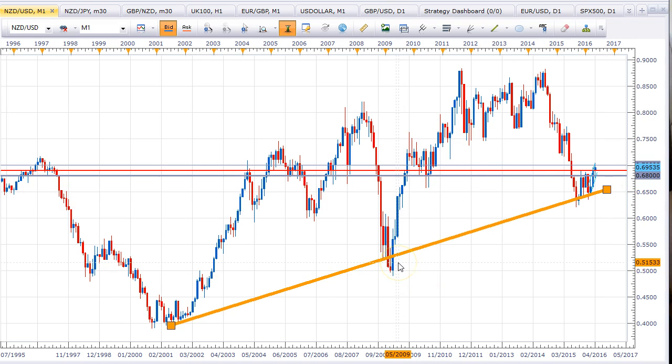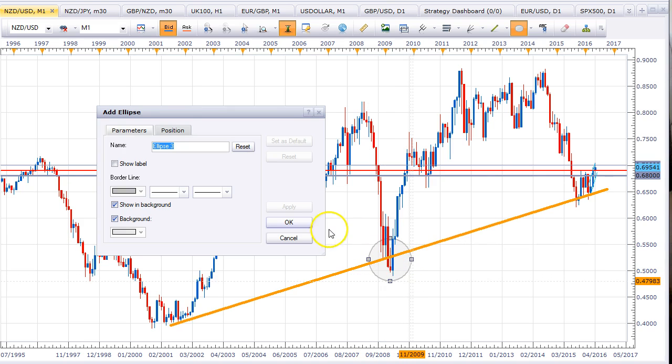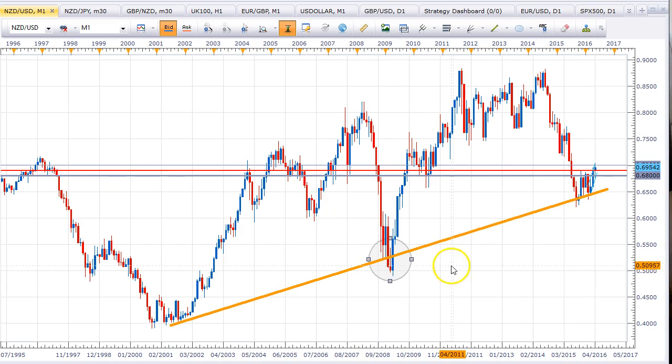Now I know that the purists among traders would say, well, on a monthly chart, this piercing of this trend line is massive because this trend line at this point is around 0.5250, and the bottom here is 50, so that's 250 pips. So it's not a small break by any account, but certainly if you weren't holding any position at this point, you're just watching this, you could have traded it back as it came up here. It wasn't really a break.